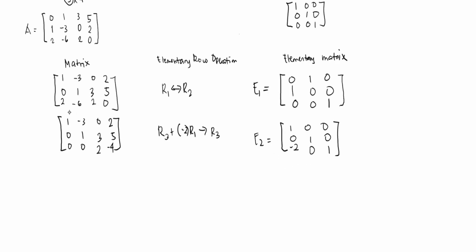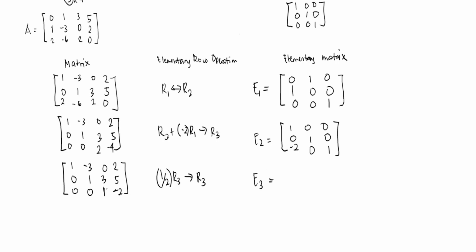Next, since we want a row echelon form, we have to have a leading one here. So what we are going to do is multiply this by 1/2. So that's 1, and then this is negative 2. Again, we multiply by 1/2 to get the new R3.